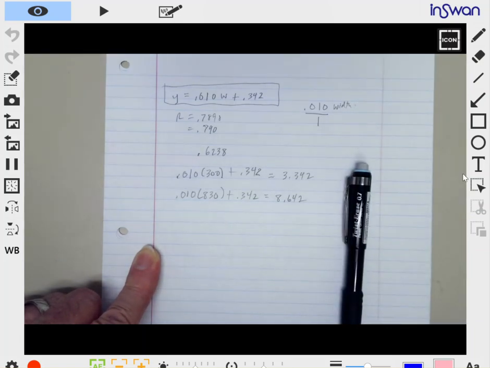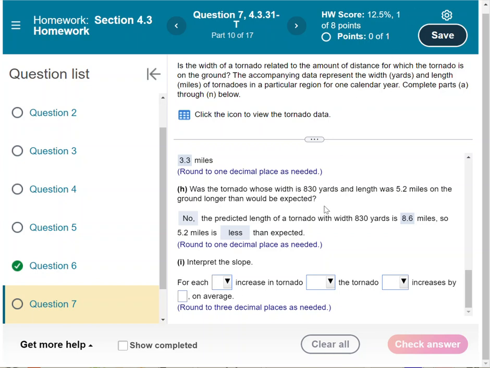Hold on a second, I need to check. Yeah, it's in yards. And then we know that the bottom is the length, the length of tornadoes, length in miles.